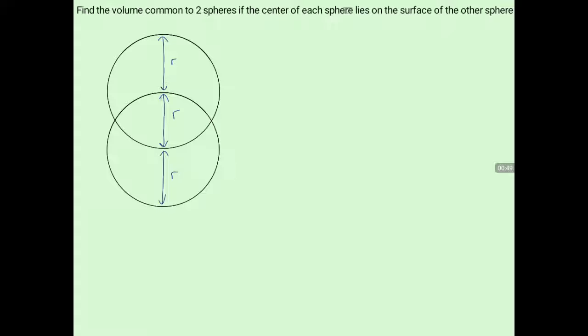So now that we can see this, let's take a look further at some other geometries of these circles. So this is also r, and this is also r.